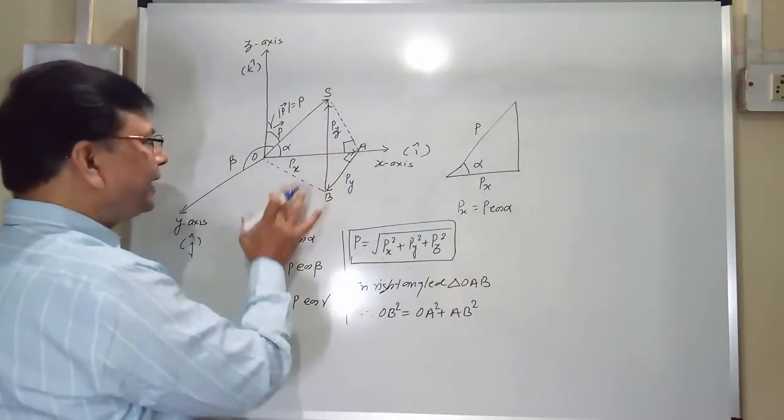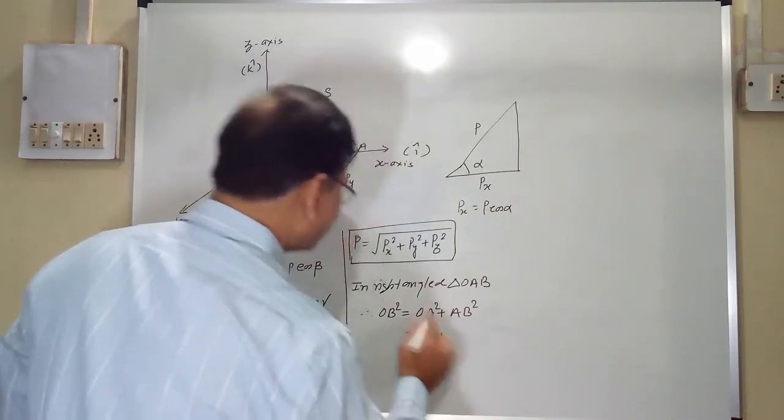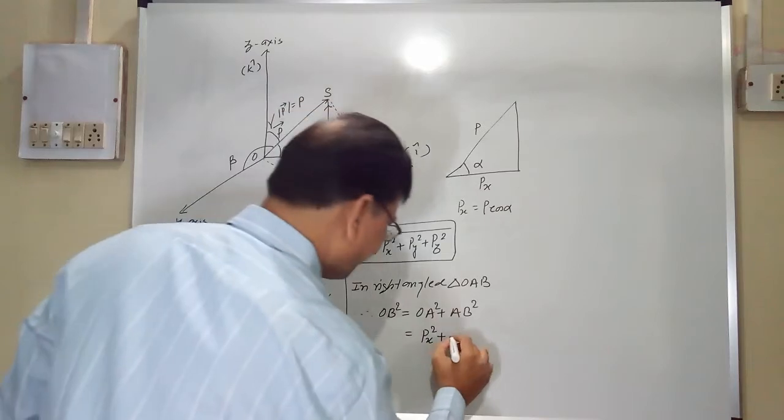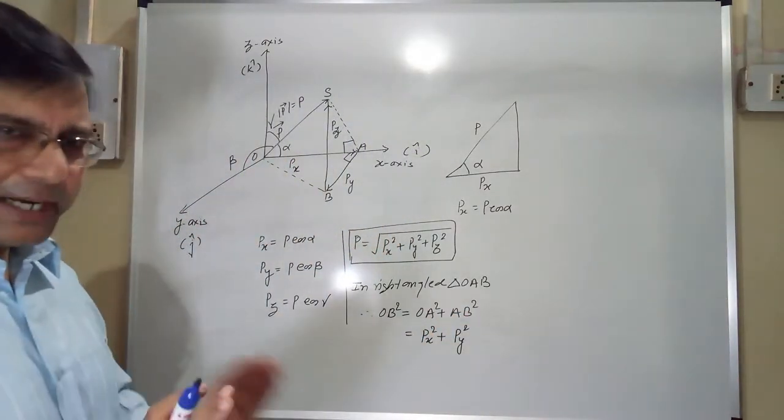And what is OA? OA is PX, that is PX square plus, what is this? It is PY, that is PY square. Is it clear? Try to understand this.